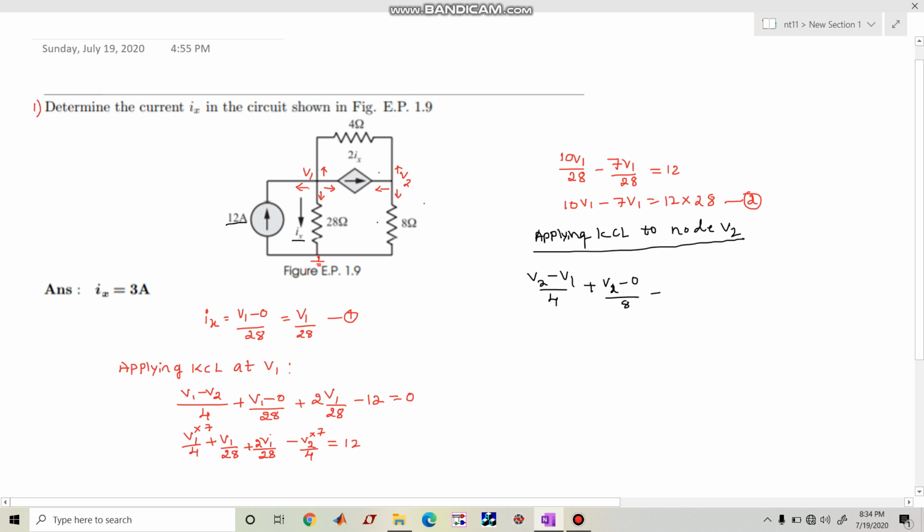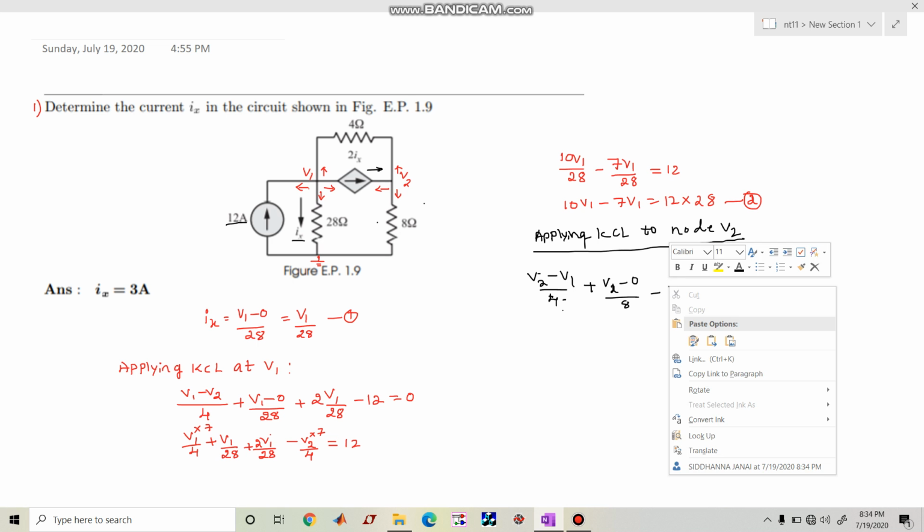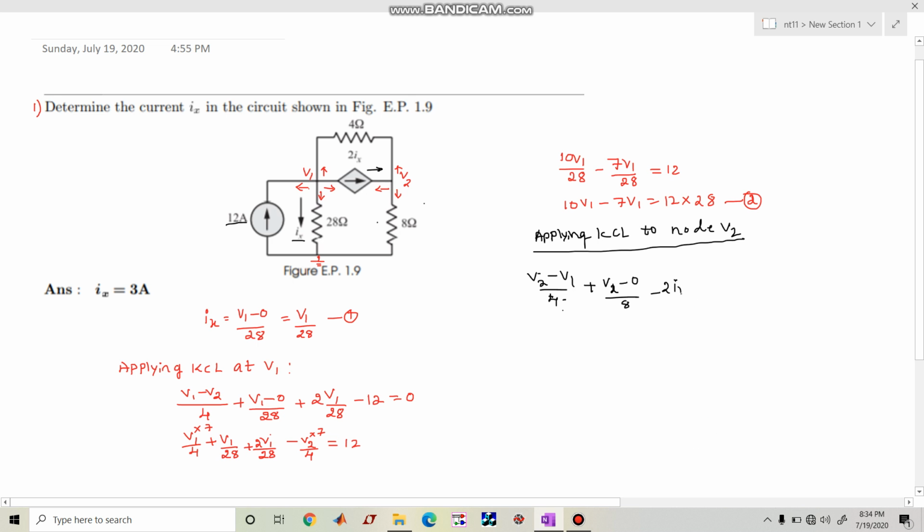Then minus 2Ix: this current is in this direction, but our assumption is opposite, so it is incoming. So minus 2Ix I will write, equal to 0 as per the KCL.